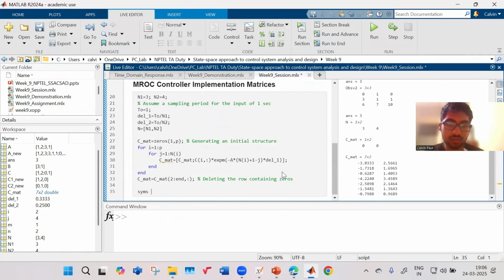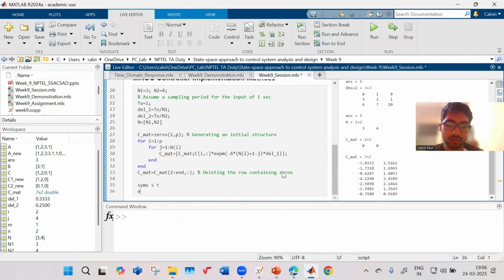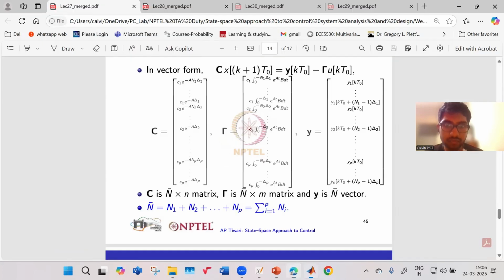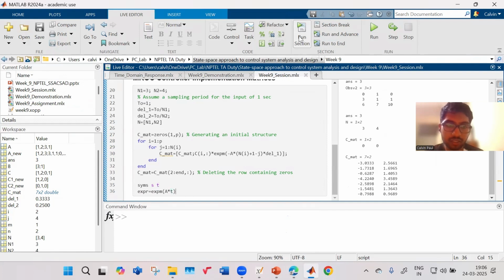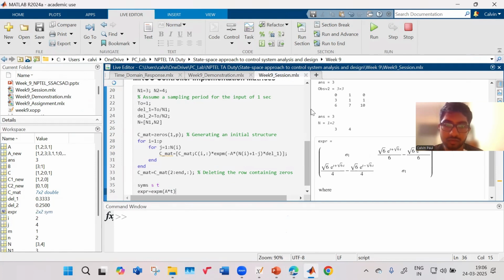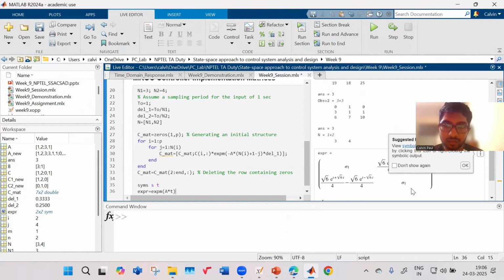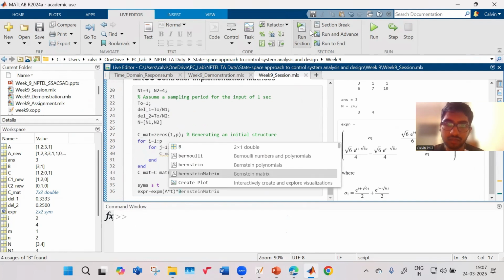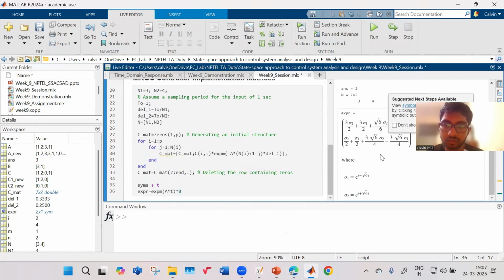Let's say we have our expression, exp of A into T, into B. So it comes out to be like this.